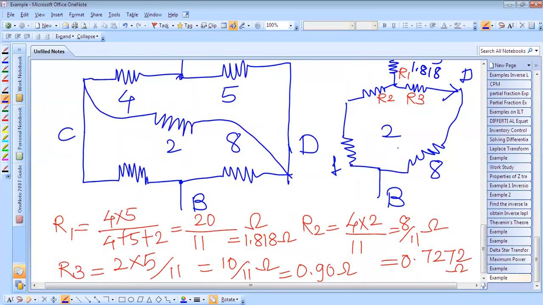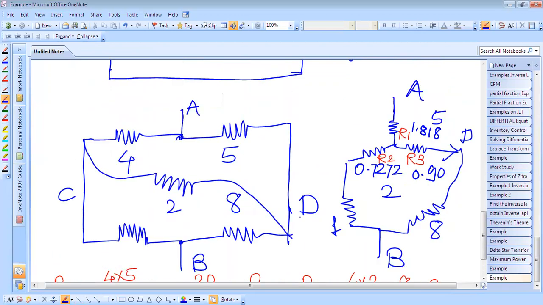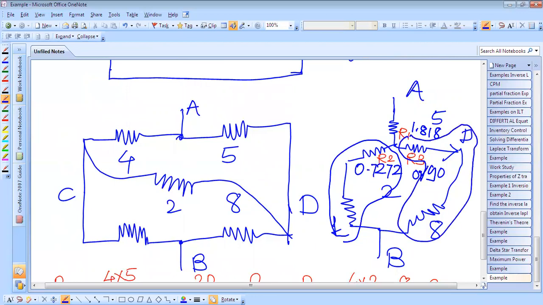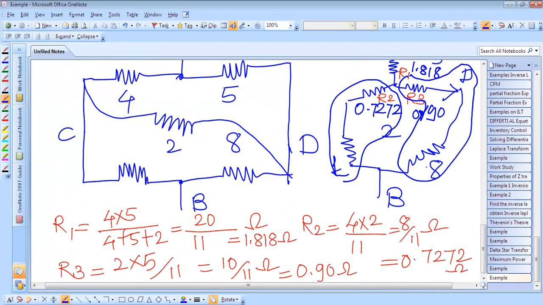R2, what is the value of R2? R2 is 0.7272. R3 is 0.90. So what we can see now, these two resistances are in series. So calculate total resistance of this. These two resistances are also in series. Okay, therefore I can add here.